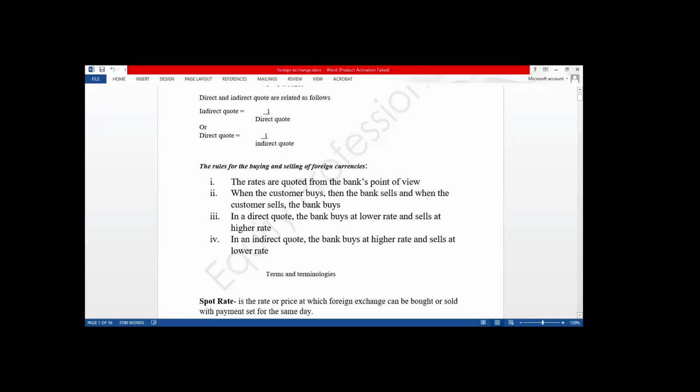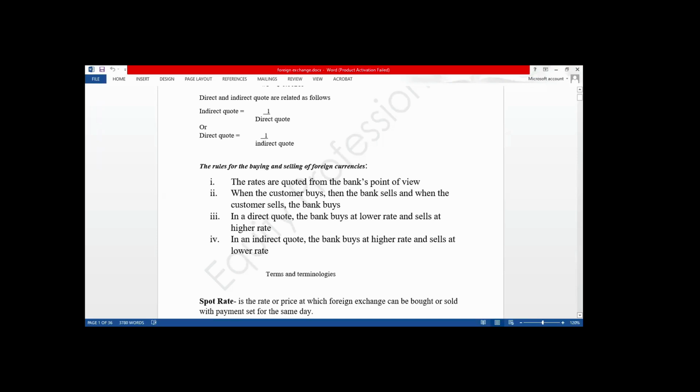Rule number 3. In a direct quote, the bank buys at lower rates and sells at higher rates.